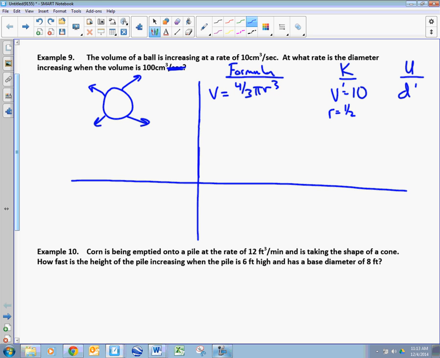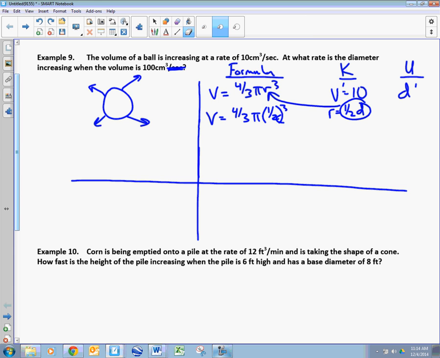R is equal to 1/2 D. So therefore, I can now make a substitution. Take that, plug that right in for R. So volume is equal to 4/3 pi times 1/2 D to the third.